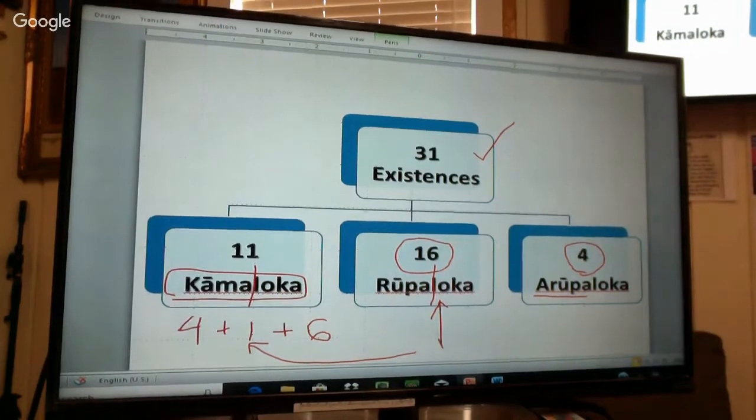In the formless sphere, there is no form sphere consciousness, because if you want to get the Arupa jhana, you need to remove the Rupa jhana. You need to upgrade. That's why in the formless sphere, no form sphere consciousness.